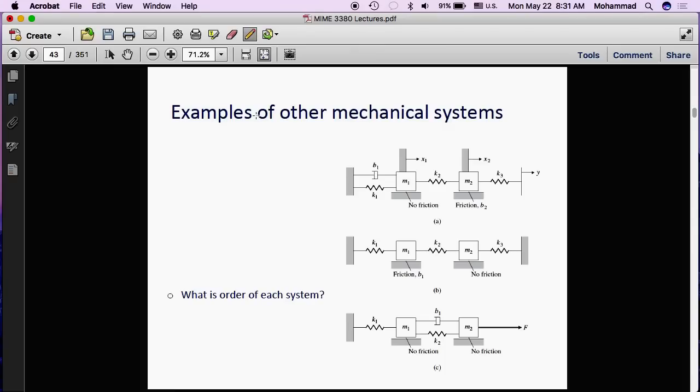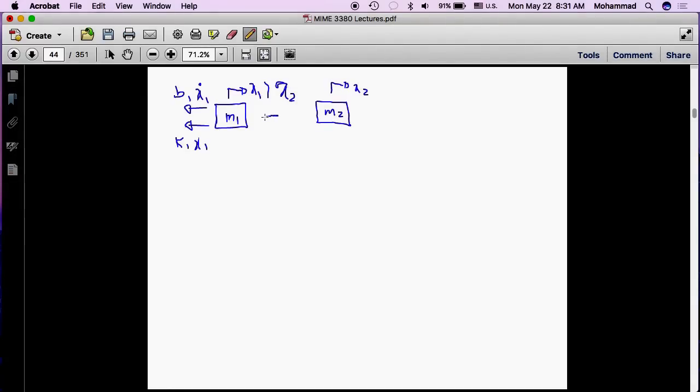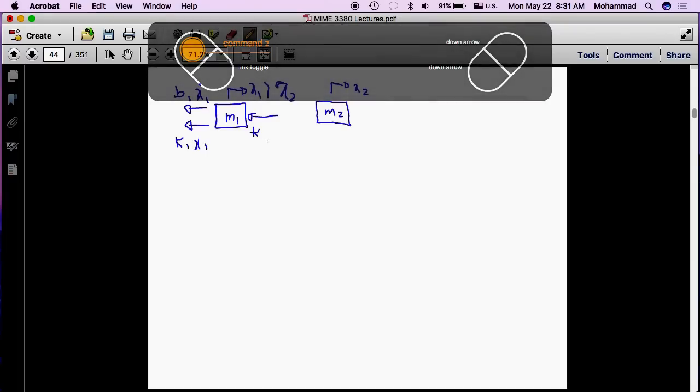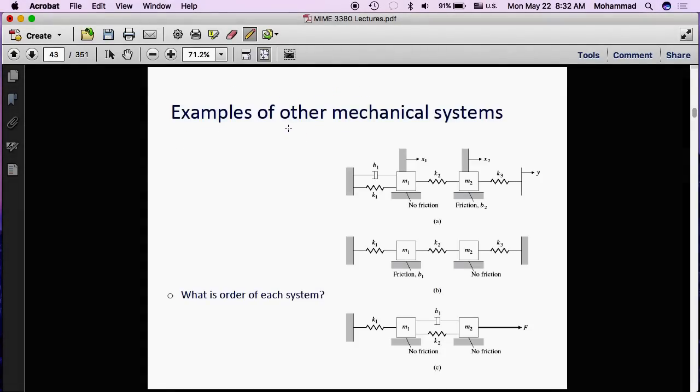It would be opposing. So if x1 moves more than x2, the spring would apply a force opposing. So the force would be K2 times x1 minus x2. Any other force applied to the first mass? How about gravity?